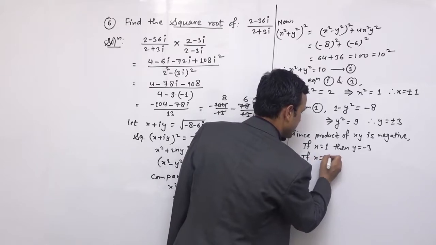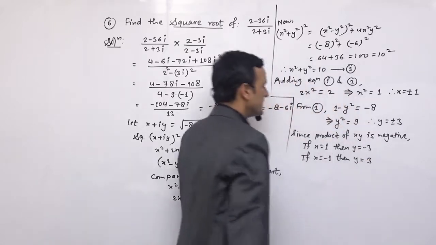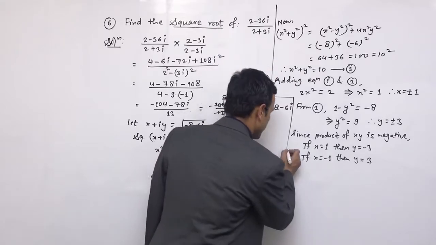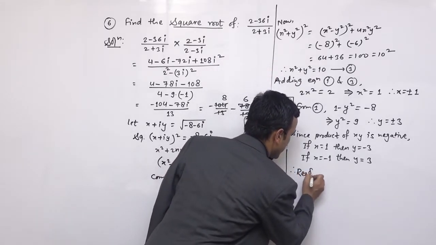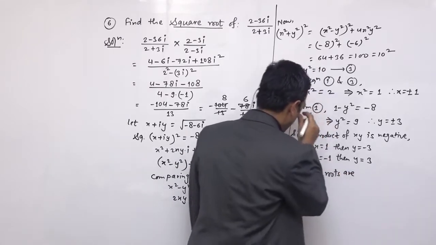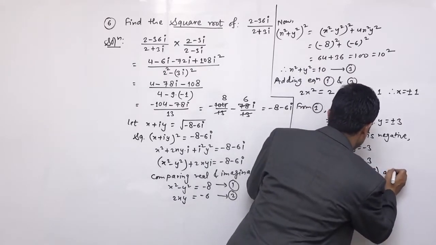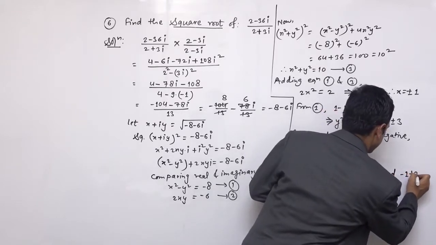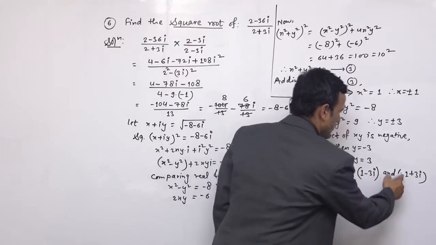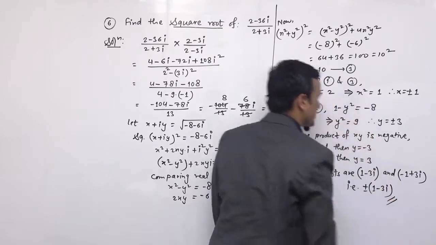Similarly, if x is taken negative, then y must be taken positive, so that when x and y are multiplied the result is negative. In that way, the required square roots are 1 minus 3i, this is one, and minus 1 plus 3i, this is another square root. If you take minus common here, then it will be plus minus (1 minus 3i). So this is the answer.